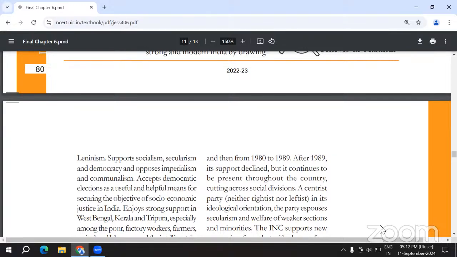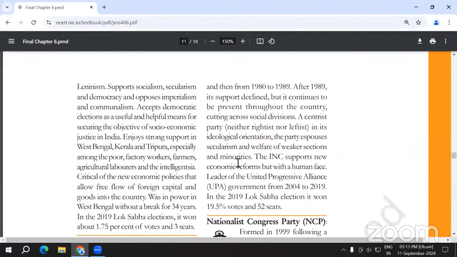These all things are there in your book. That is why I'm not stressing. You have to study. Accept democratic elections as a useful and helpful means for securing objectives of socio-economic justice in India. Enjoys strong support in West Bengal, Kerala, and Tripura, especially among the poor, factory workers, farmers, agricultural laborers, and the intelligentsia.